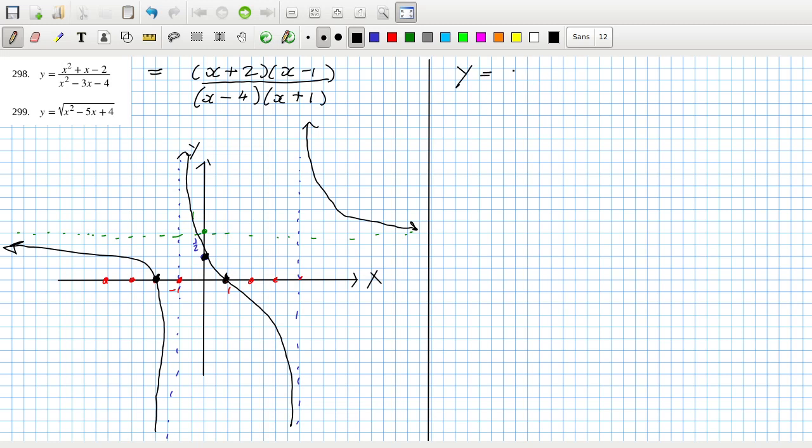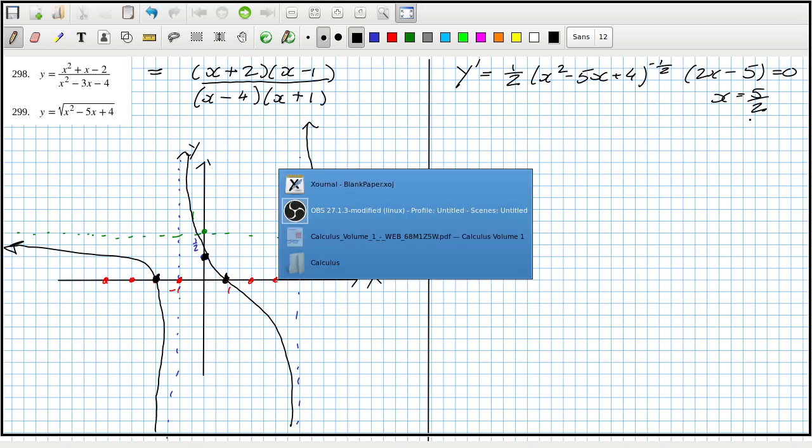So that's y is a half. We calculate the derivative. So that's a half (x squared minus 5x plus 4) to the power minus a half times (2x minus 5). So that will equal 0 at x equals 5 over 2.